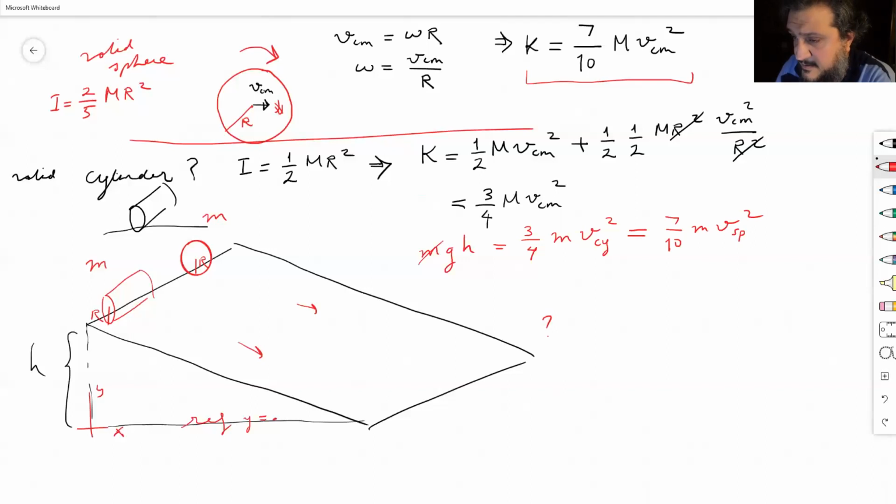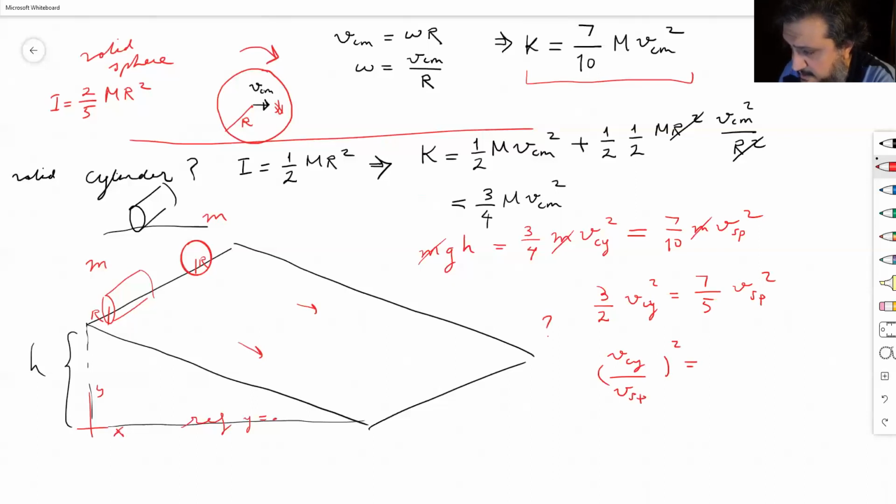Get rid of the m's. So you can divide this by 2. You will have 3/2 v_cy squared is equal to 7/5 v_sp squared. So v_cy squared over v_sp squared is equal to 7/5 times 2/3, and that's 14 over 15, right?